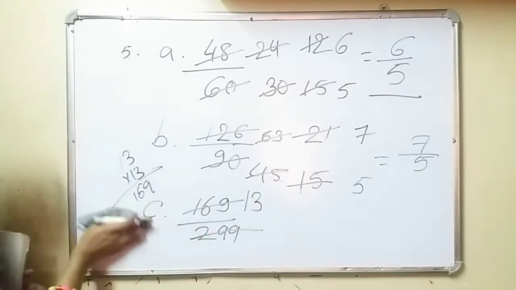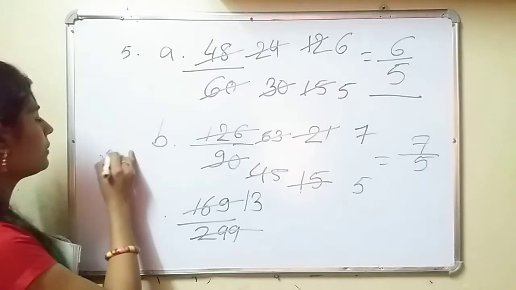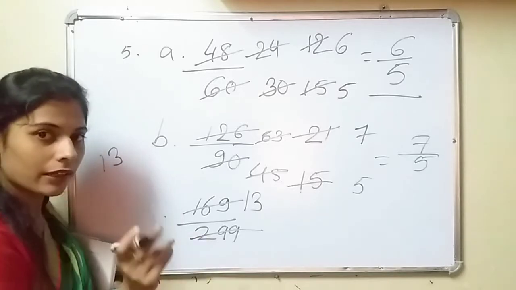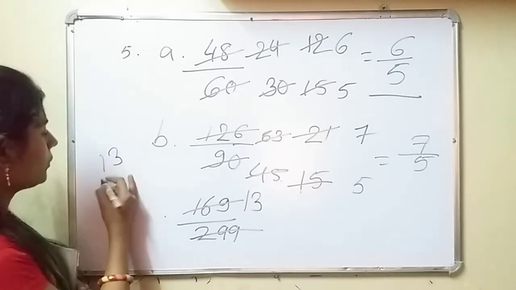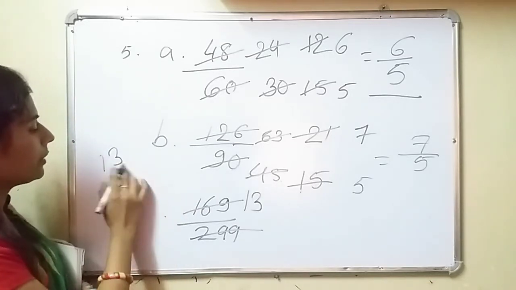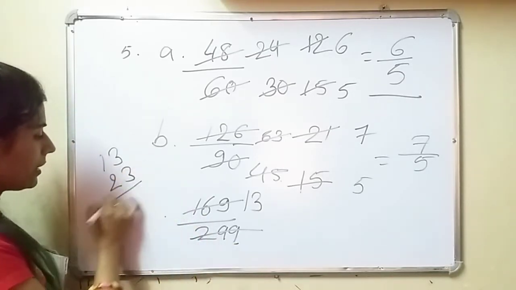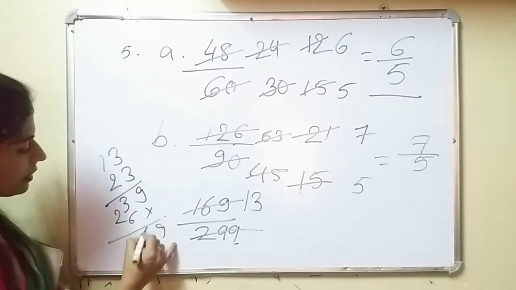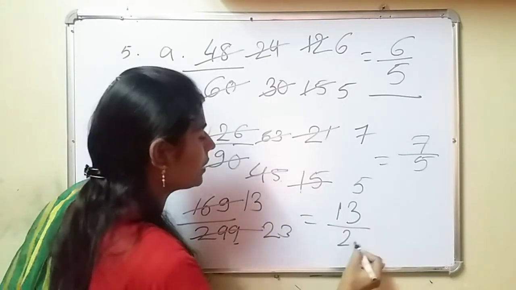How many times can you multiply 13 to get 299? When you multiply 13 by 10, you get 130, and 13 multiplied by 13 gives 169. So take any number like 21. No, 21 will not work, because 3 ones are 3 only, you have to take 9 here. So multiplying by 3, 3 3s are 9, 3 1s are 3, 3 2s are 6, 2 1s are 2, 9, 6 plus 3, 9, 2. So here you are getting 23. So the lowest term you got here is 13 by 23.